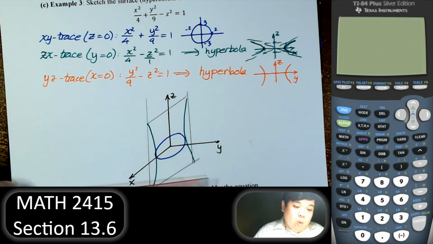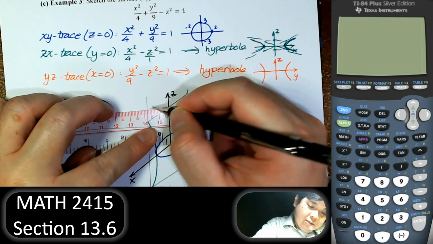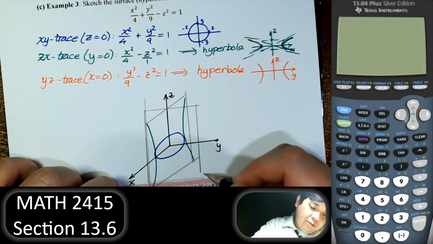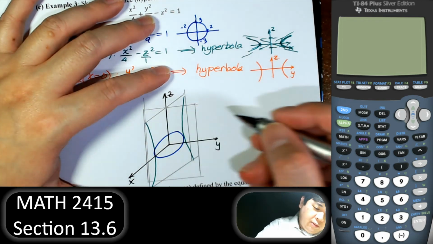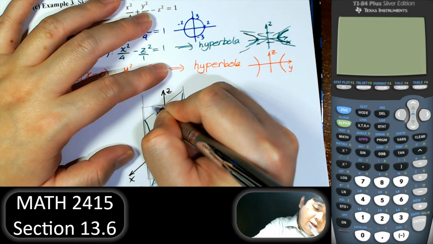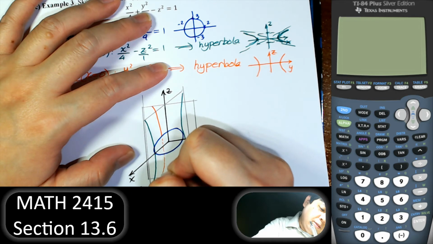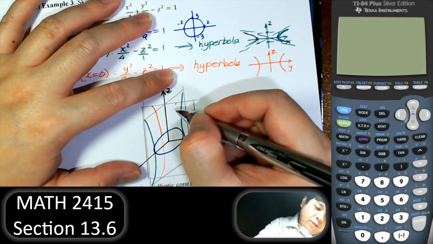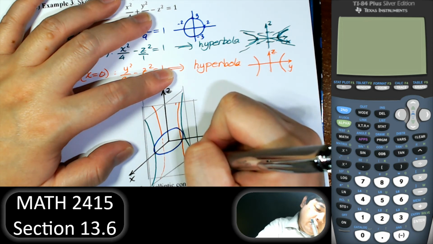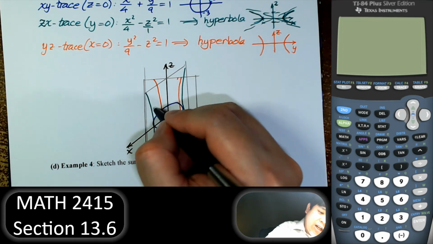So now if I draw the yz trace, right, and then we just link them.